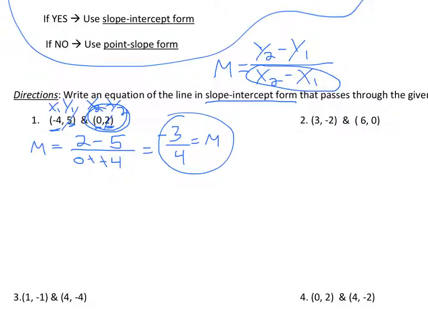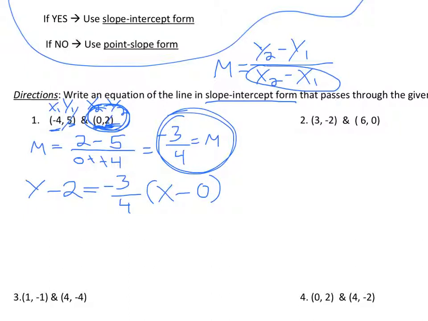So if I pick this point, and I use this slope to get it in point slope form, I'm going to have y minus this y value of 2 equals the slope, which is negative 3/4, times x minus the x value on the line, which is the 0. So I'm going to have x minus 0.